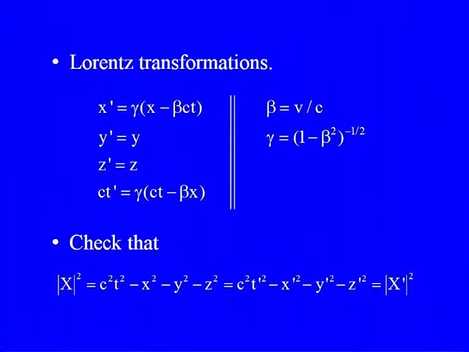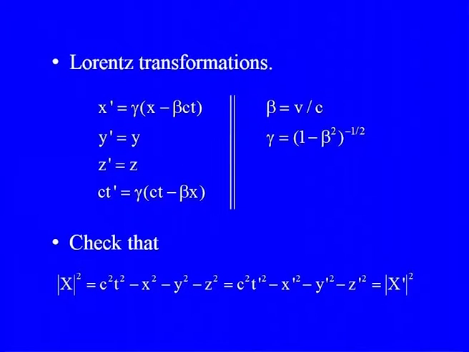What's also interesting is that if one takes the four dot product in the S frame and the S prime frame, one can easily check that its norm is equal. Again, that's something we keep in mind.